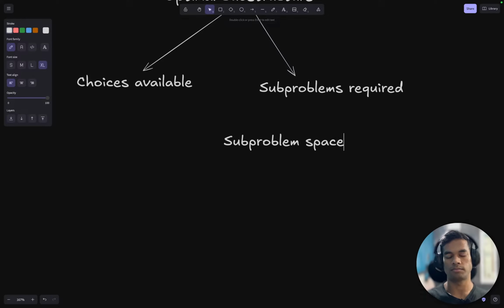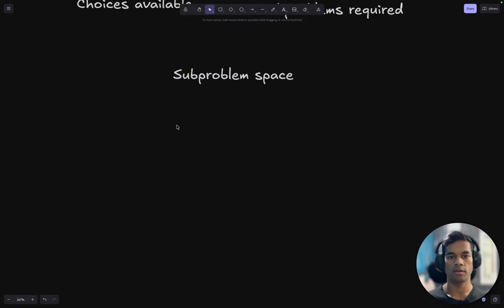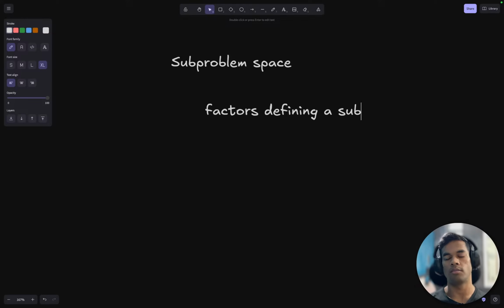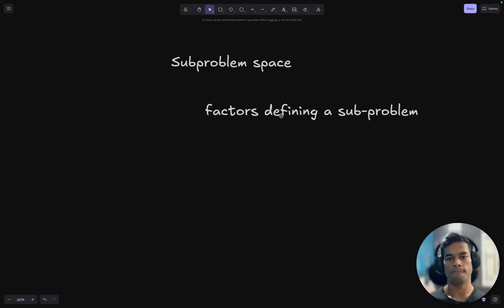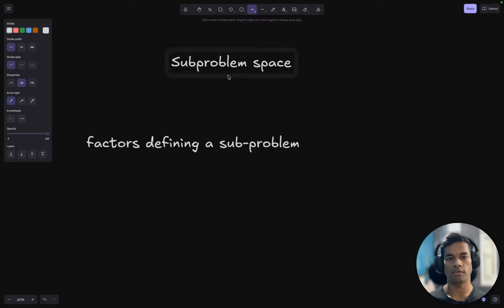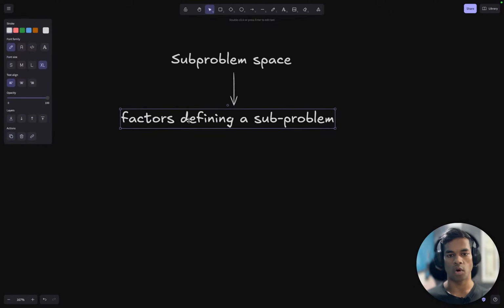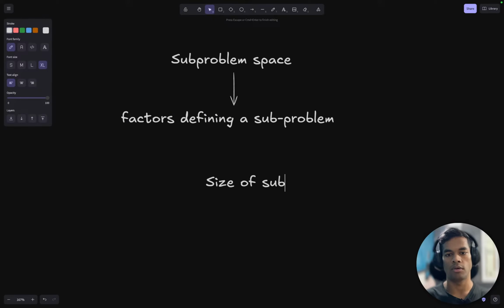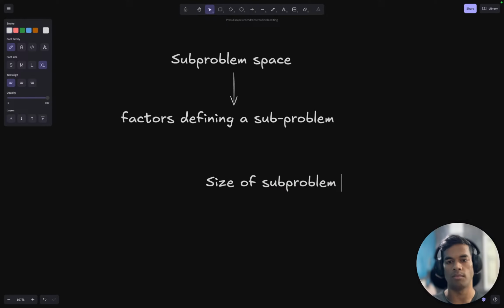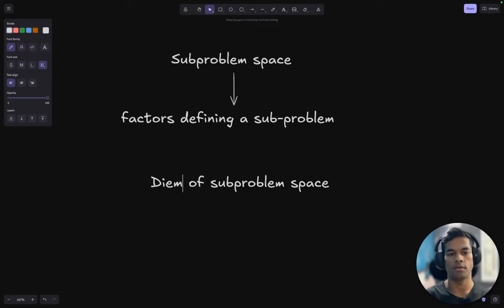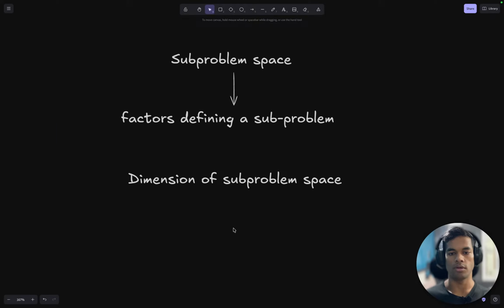And also there was a fact about subproblem space. It depends on the number of factors that are defining a subproblem.